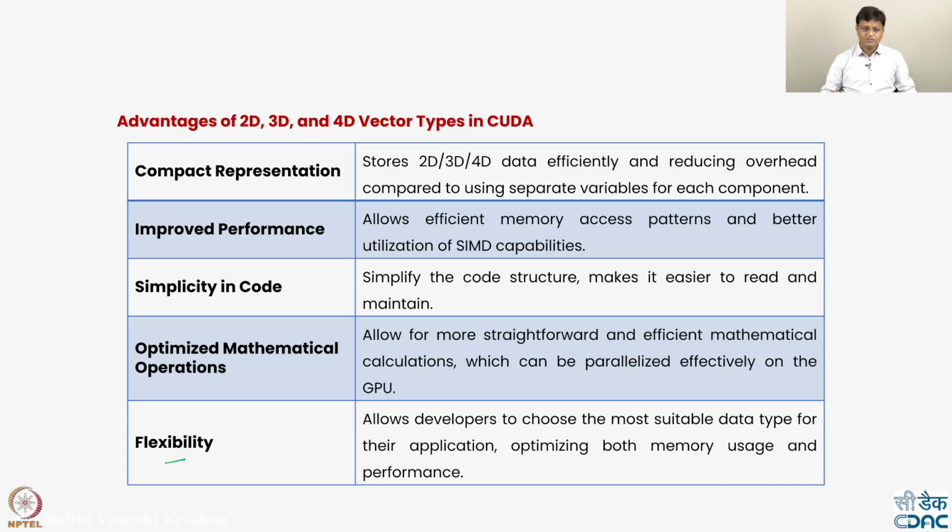It allows the developer to choose the most suitable data type for their application, whether they are dealing with a 1D vector problem, a 2D vector problem or a 3D vector problem. So ultimately, the advantage is that it optimizes both memory use by improving the access, and the performance by improving the mathematical computations on the object's values.